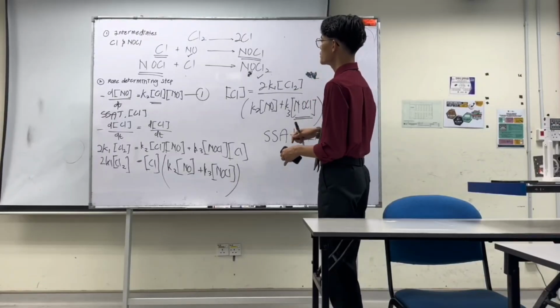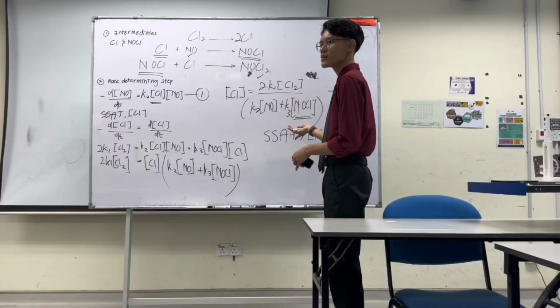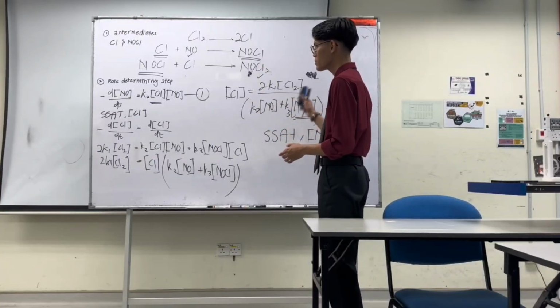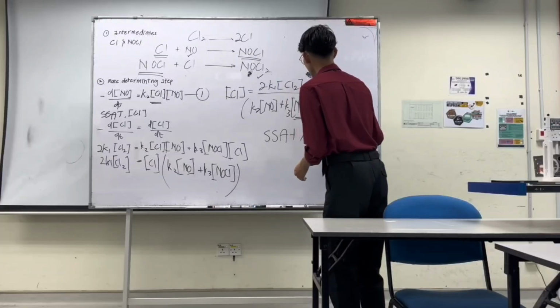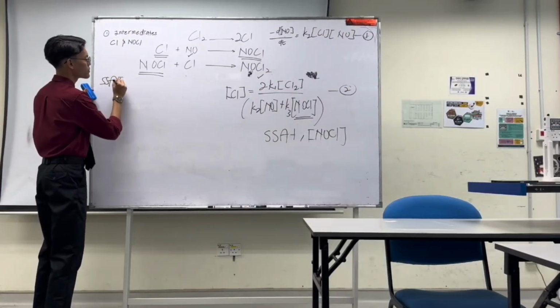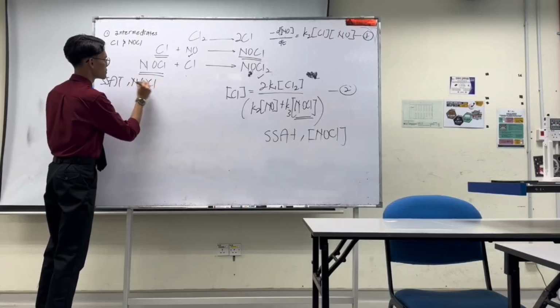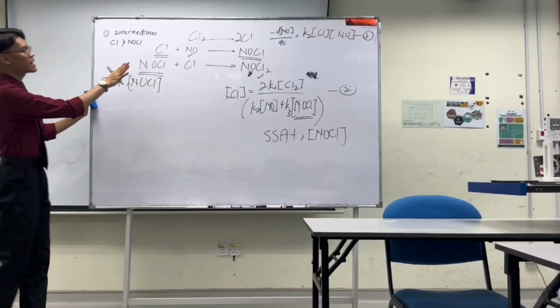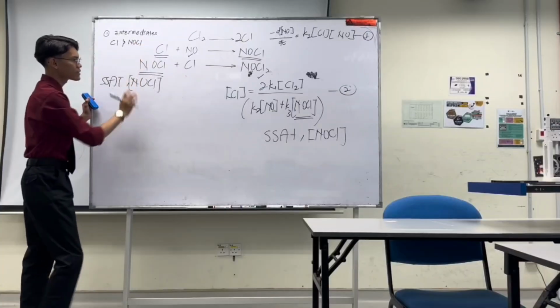Okay, so has everyone already written all of this? Okay, I need to continue, so I need to erase all of it. Let me do SSAT for NOCL. NOCL exists in the second equation and the third equation, right?